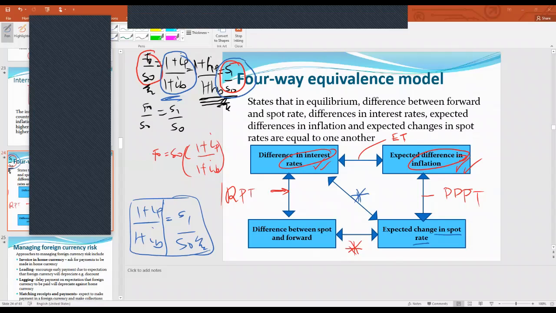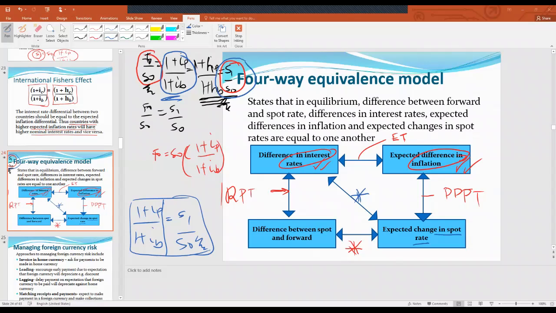Yes, it's clear. Okay. I know you're just saying it's clear, but I propose that you take your time to go through those notes again, because it can be very confusing, especially in case you're asked to explain a theory. For your own sake, go through those notes again, get to know all those theories in detail, because you'll be asked to explain them. One of the theories that students normally fail is the four-way equivalence theory.